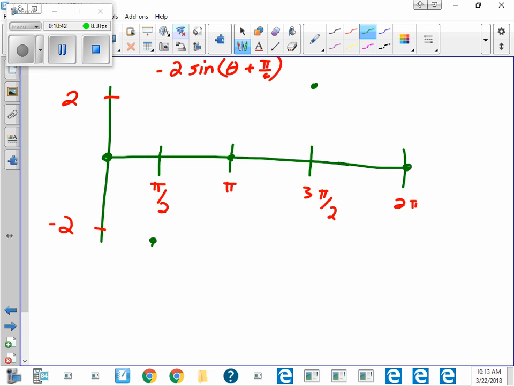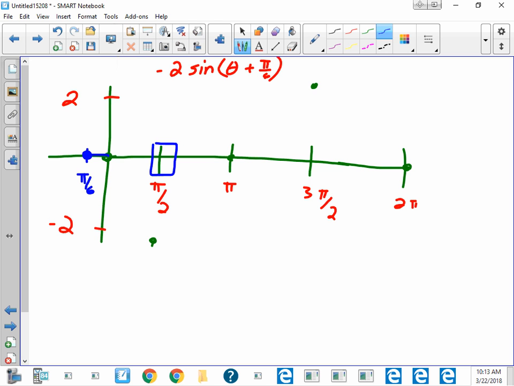because it's upside down. How far are we going to shift it? We're going to move it left how far? Pi over 6. So let me get a new color. So I'm going to move here to pi over 6. And that's going to be my starting point, which means I'm not going to have a point at pi over 2. It's going to be pi over 6 to the left of pi over 2.